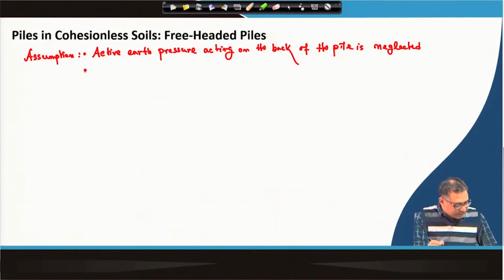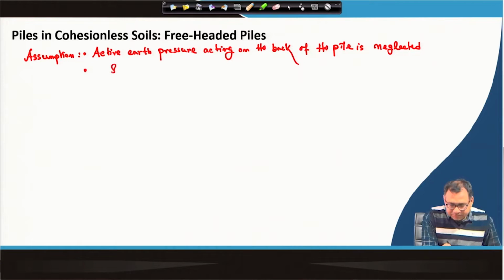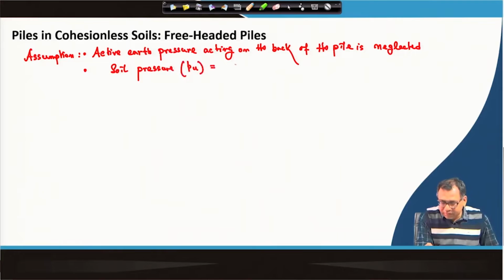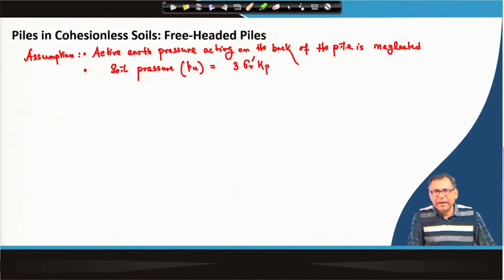And we have considered that the soil pressure at a point, p_u, is equal to 3 times sigma v bar and the Rankine passive earth pressure coefficient. This is also one assumption.